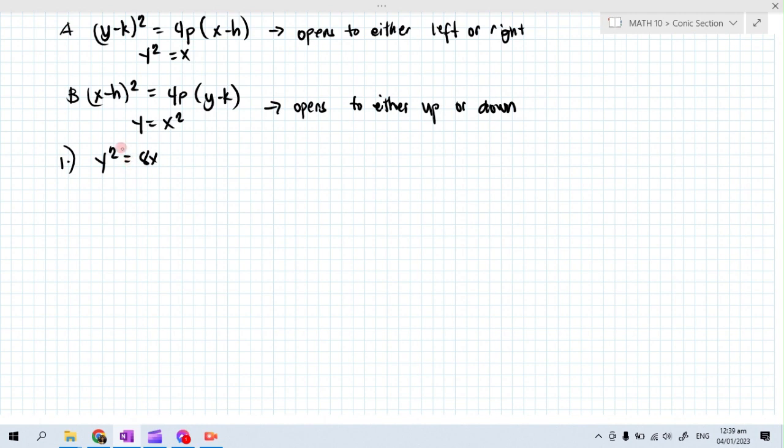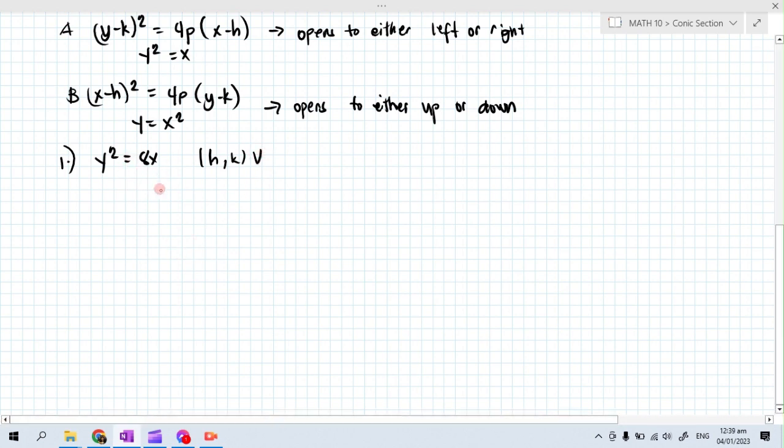By the way, our h and k is our vertex. Since there is no h and k, it is automatically the origin, (0, 0).